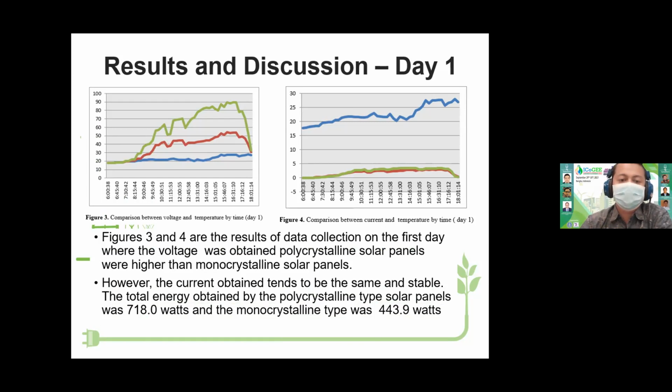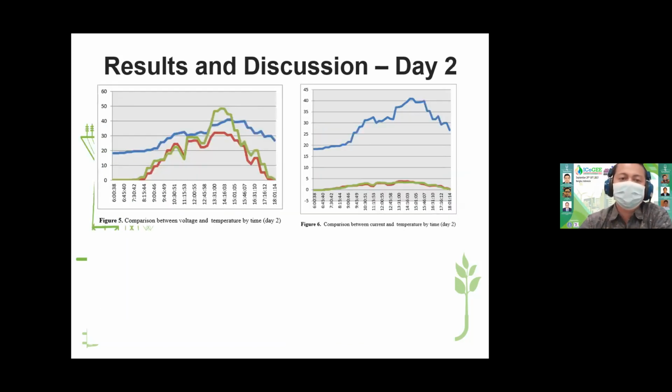The total energy obtained by the polycrystalline type solar panel was 718.0 watts, and the monocrystalline type was 453.9 watts. There is the largest difference between the monocrystalline and polycrystalline.